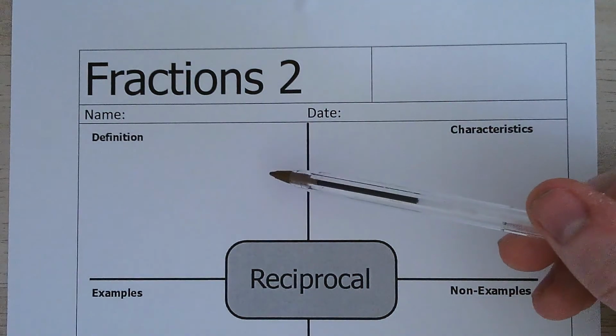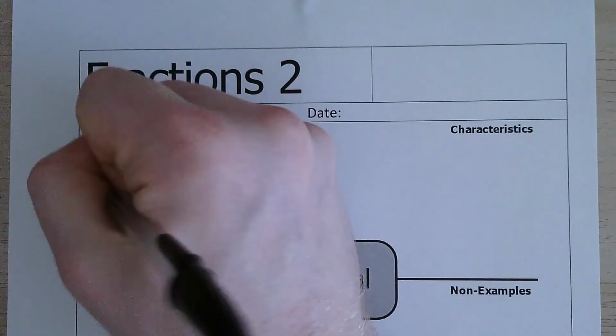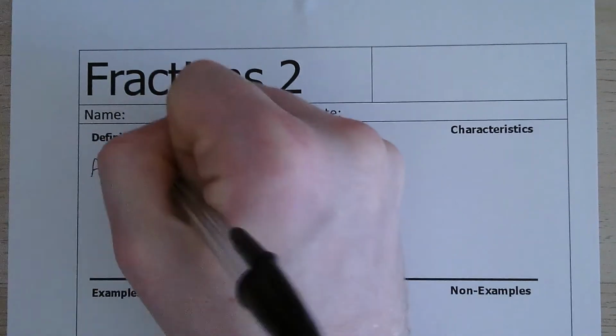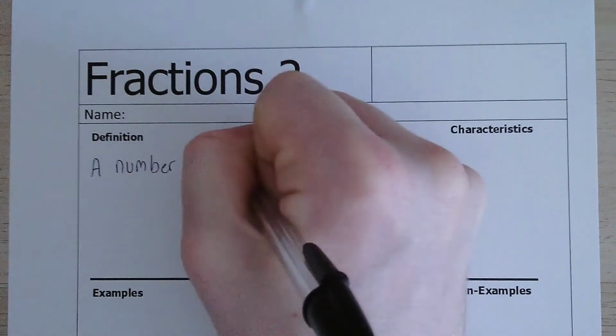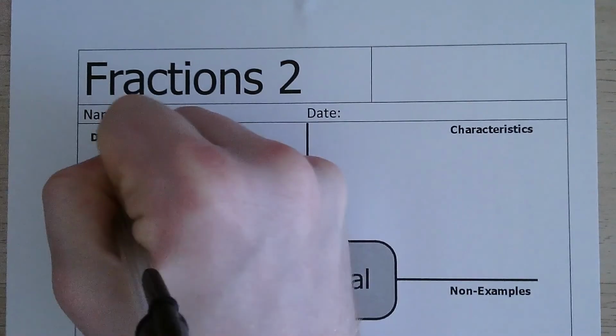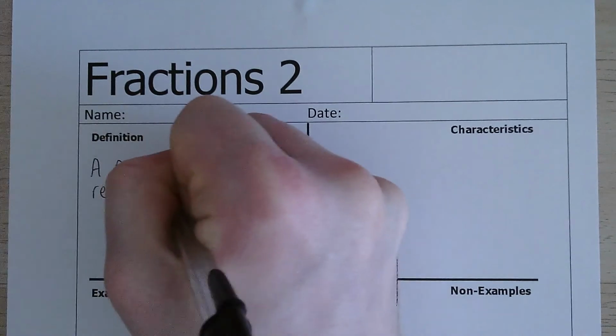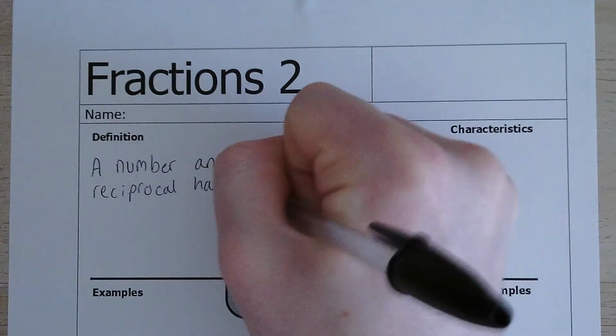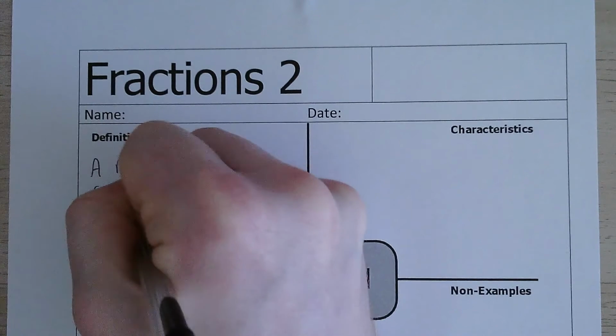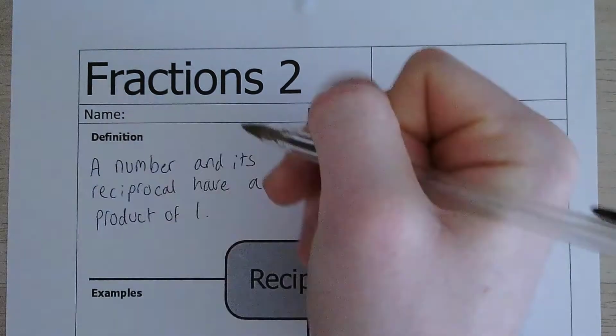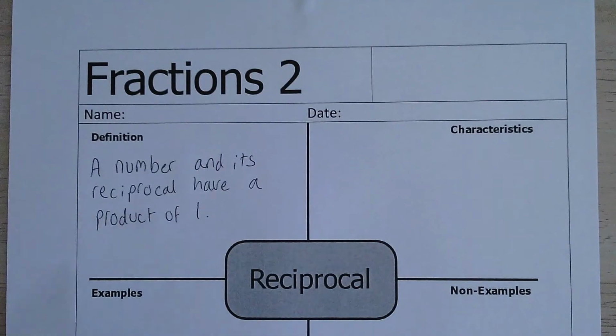The definition of a reciprocal is a number and its reciprocal have a product of 1. A reminder that product means the result of multiplying two things together. So if we multiply a number and its reciprocal, we should get the answer of 1.